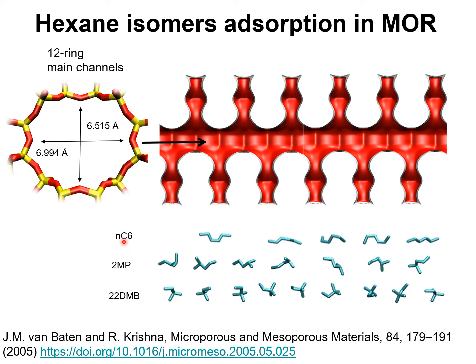Now let's take the example of adsorption of normal hexane, 2-methylpentane and 2,2-dimethylbutane.